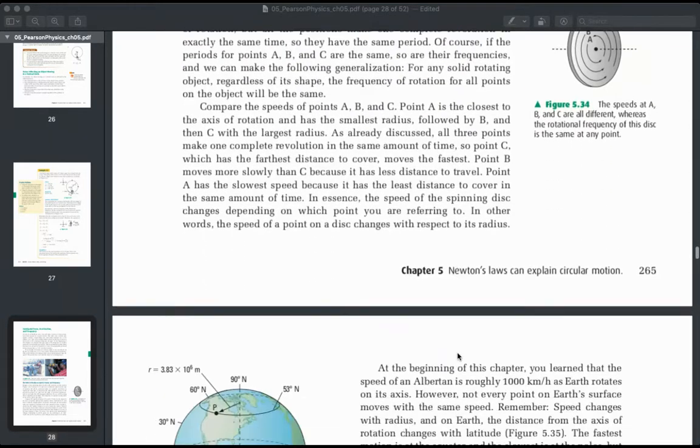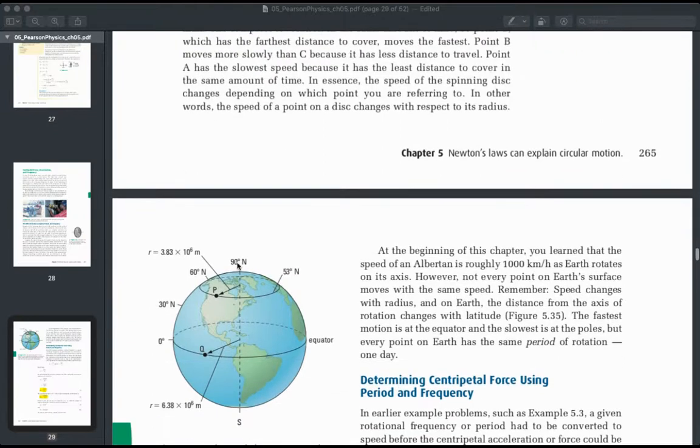And so we start looking at the same analogy with the Earth, and the Earth spins at about 1,000 kilometers per hour. Well, that's at the equator. It has to travel all that distance, this whole circumference of the Earth, in 24 hours. As you get closer to the axis in which the Earth rotates, that same distance takes 24 hours.